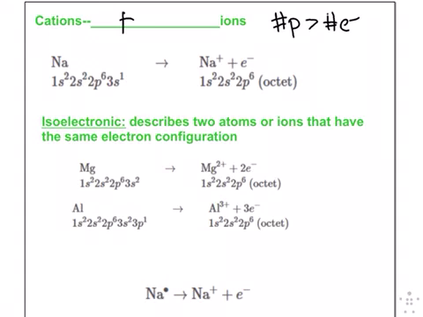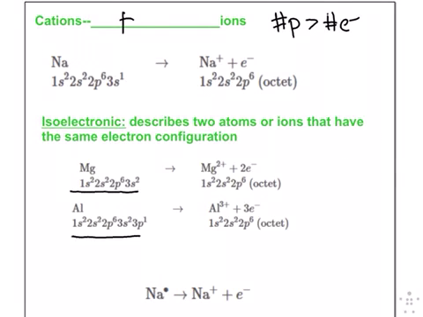Isoelectronic describes 2 atoms or ions that end up having the same electron configuration. So once we either gain or lose electrons, this creates an electron configuration that will look very similar to a full atom. Magnesium and aluminum are examples here.